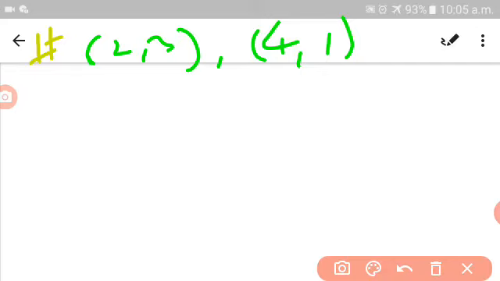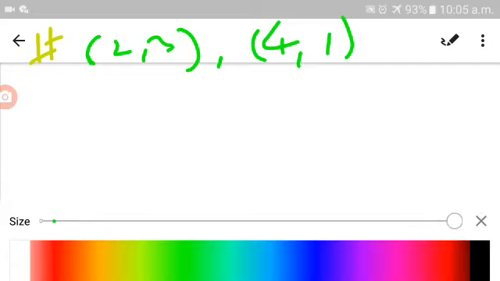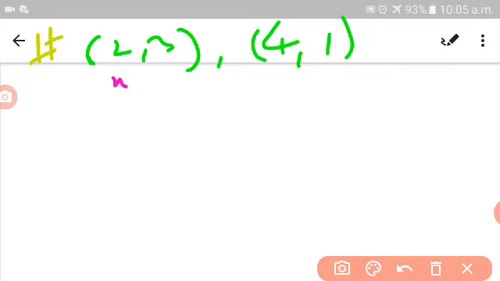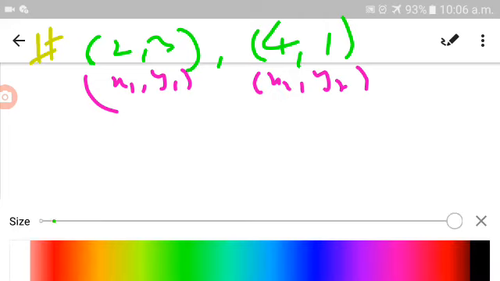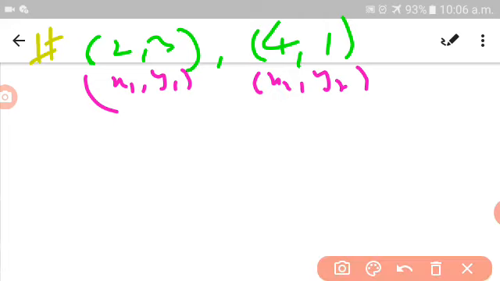We want to find the distance between these two points. Just write here like this. Let us say this is x1 comma y1 and this is x2 comma y2. I'm going to name these 2 points also. Suppose this is point A and this is point B.